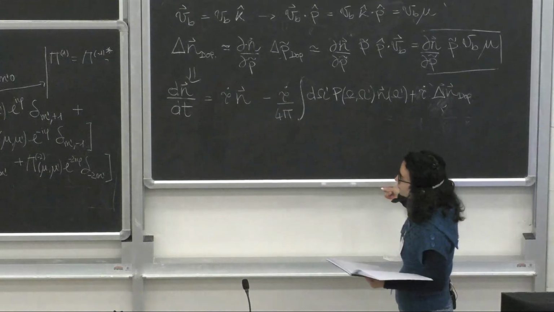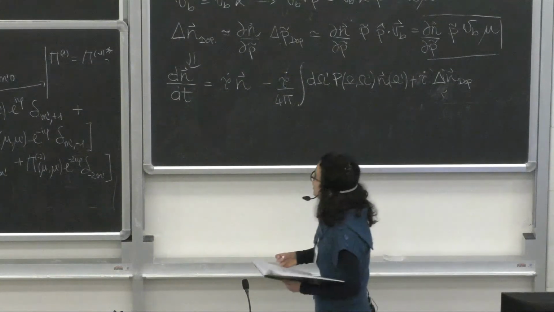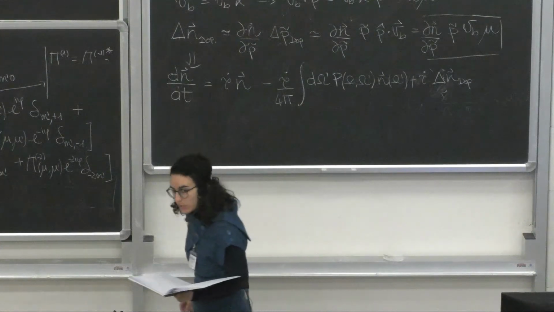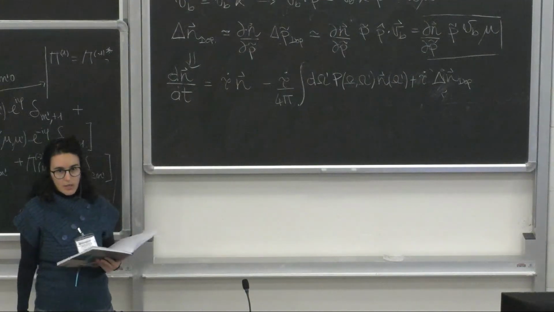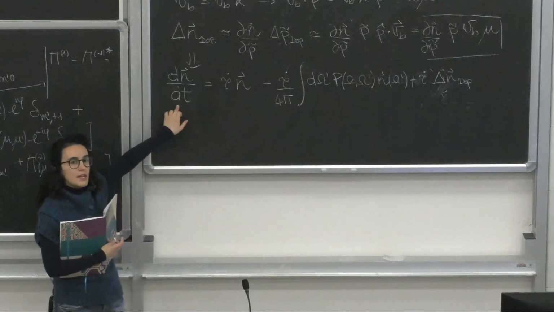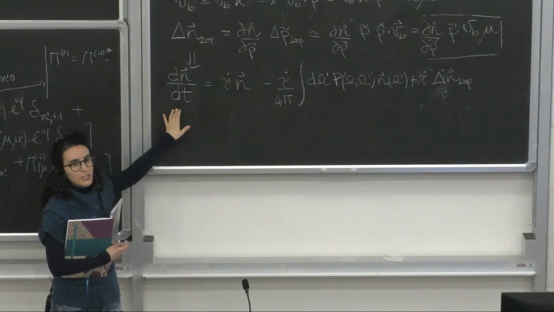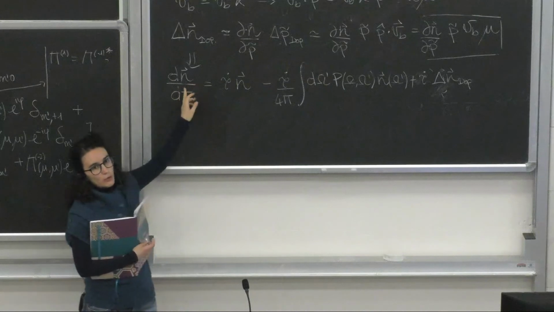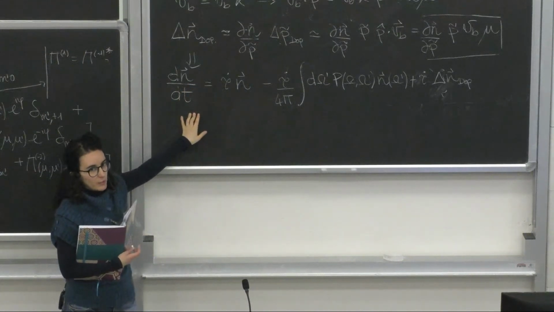Now let's move to Fourier space. Let's move to conformal time. So instead of using t, let's use eta. And let's remember that this term here is the total derivative with respect to time of whatever function we put here, which can depend on different variables.